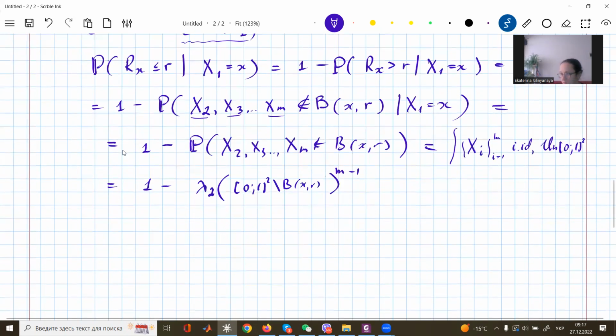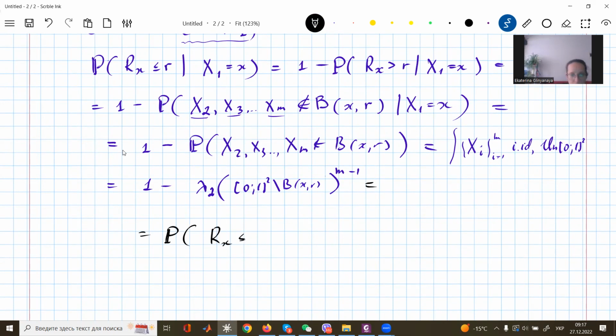So this is the answer. I will just write it. This is our answer for the probability under the condition that at point x we have a random point.